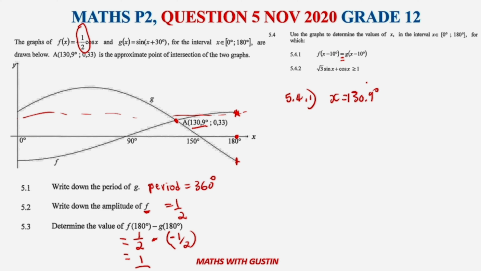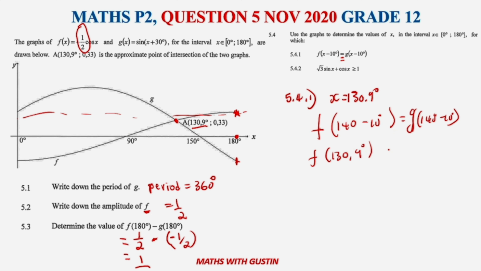Okay, so now once we have that, we can come into our equation and say, initially the x value was 140, then they minus 10 from it, and therefore even at g it was 140, then they minus 10 from it, which leaves us with 130.9.